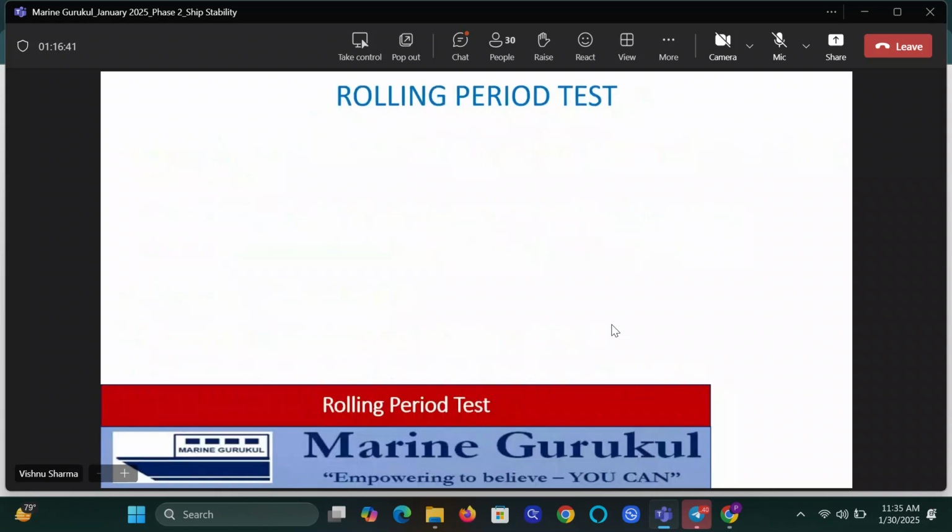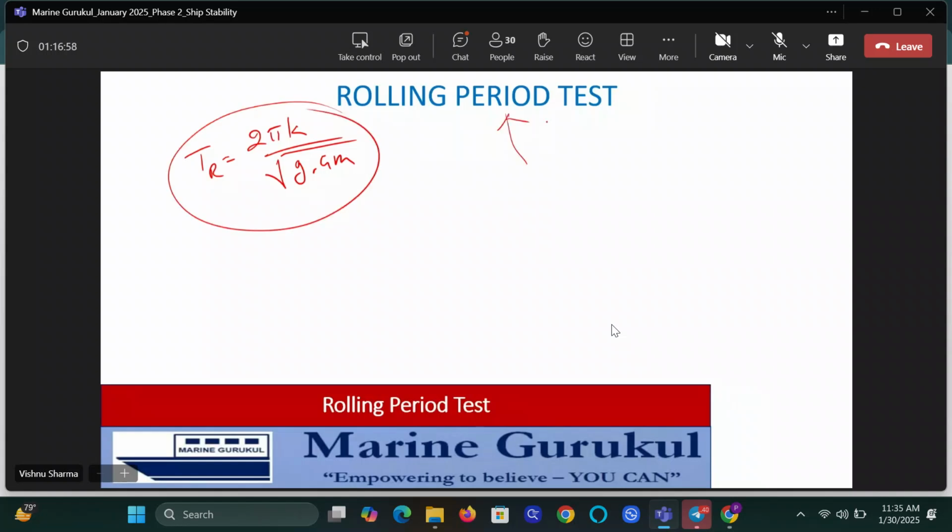Now we come to the rolling period test, guys. Before I take you through it, we had this formula: TR is equal to 2 pi K under root GM. What is this rolling period test? Honestly, guys, it was just a simple method for the master of small ships to evaluate their stability and gauge whether it is okay or not.